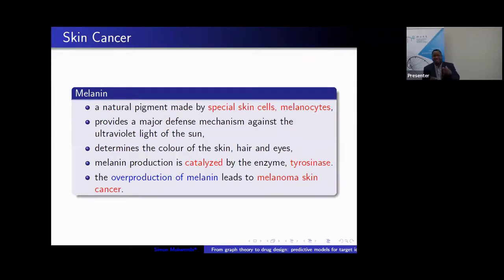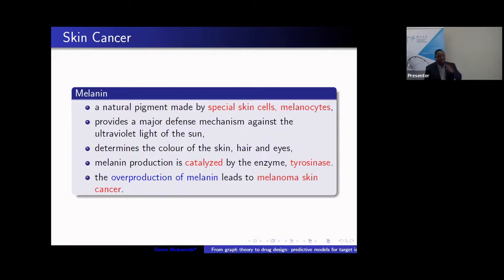But its production is actually catalyzed by an enzyme called tyrosinase. So this enzyme is quite crucial. But unfortunately, if the enzyme works terribly hard, that results in the overproduction of melanin.